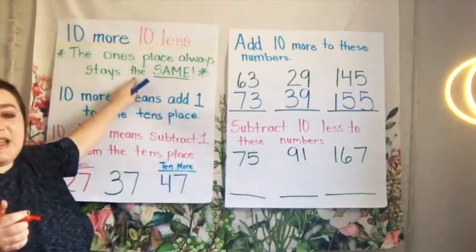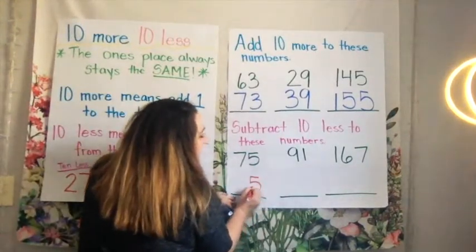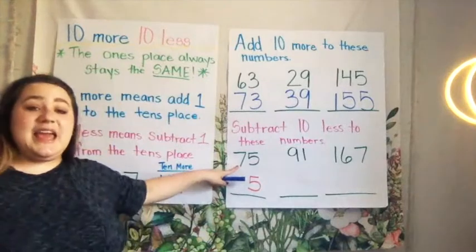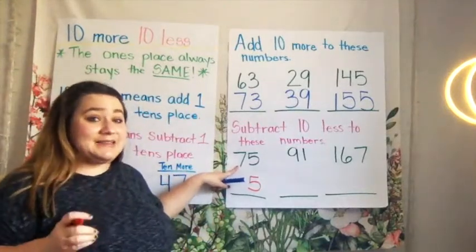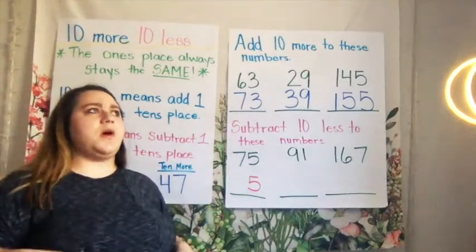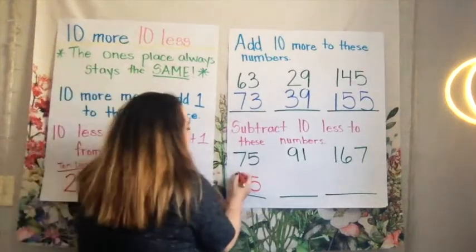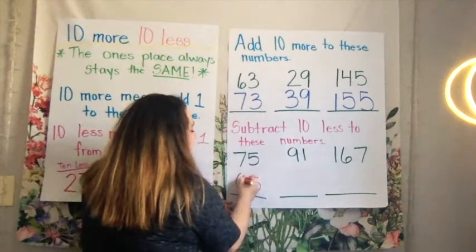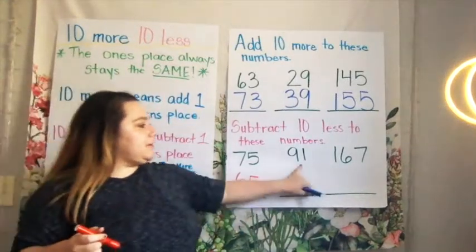My ones place stays the same, so I can just bring that 5 down right away. But now I need to take 1 away from the 7 because it's 10 less. So what's 7 take away 1? 6, good. So 10 less than 75 is 65. Good, now we're looking at our next one.